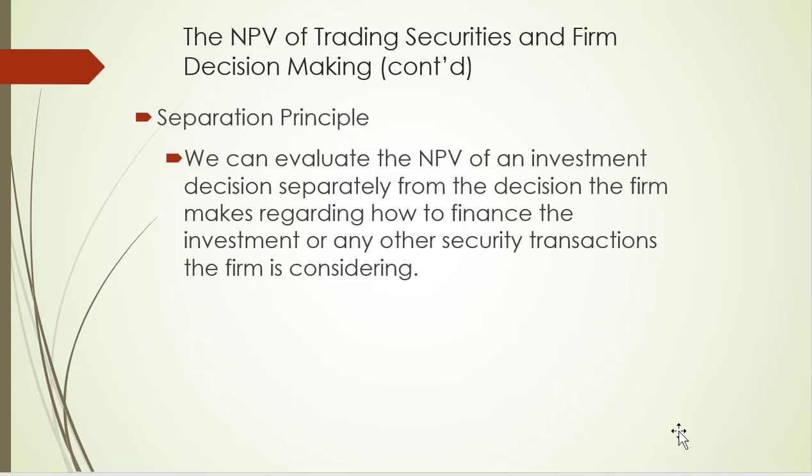So we have a theory or principle called the separation principle. And we're not going to get into a lot of details about the proof of this principle. But essentially it says that there are two different activities. The activity of determining what thing to buy and the activity of how you buy it, the financing, are two separate things.